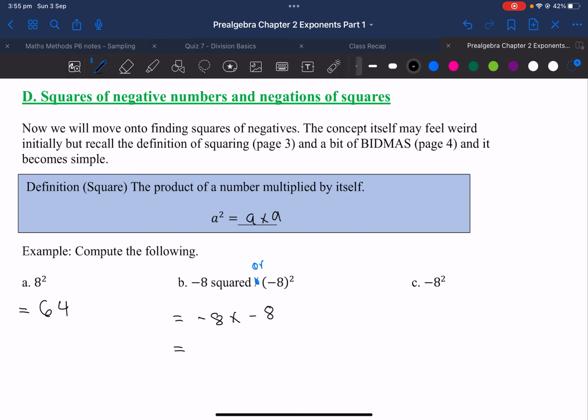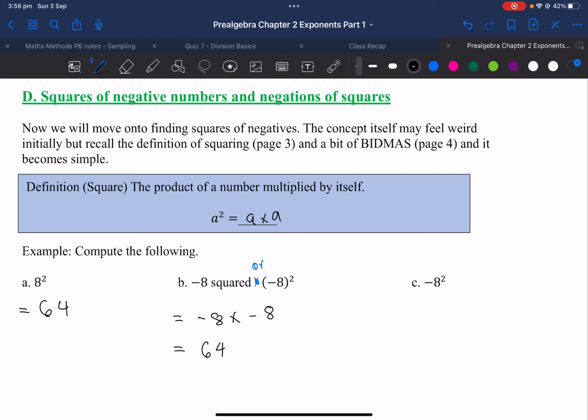Negative times negative, so wouldn't it just be 64? Yes, it's positive 64. A lot of people think we're going to have a negative square number, but no, if you start negative and you square it, it becomes positive. Does that make sense? So negative 8 squared is not negative 64, it's positive 64.